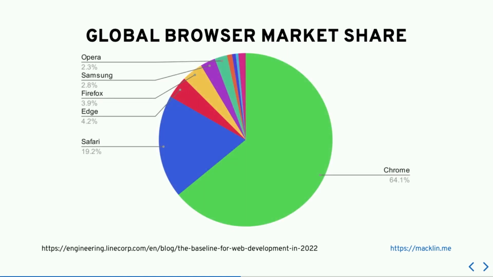Same with the browser you might be using. 64% Chrome, 19% Safari, but that's also Chrome, that's Chrome, that's Chrome. So it's mostly Chrome, right? So there are 2 browsers and 2 devices, so you have to do 4 tests, right? It's actually 3.